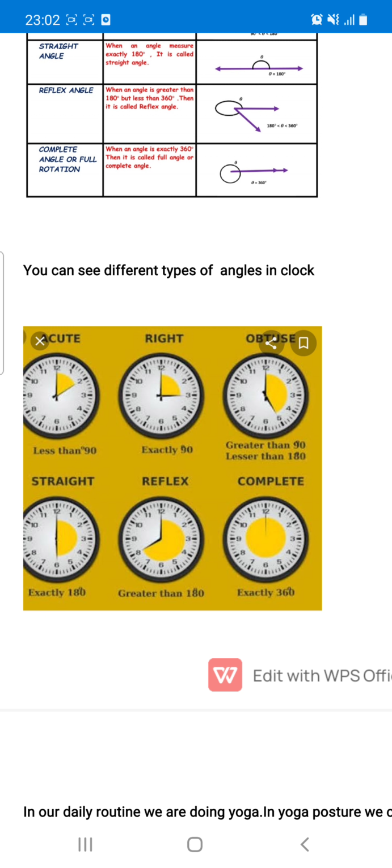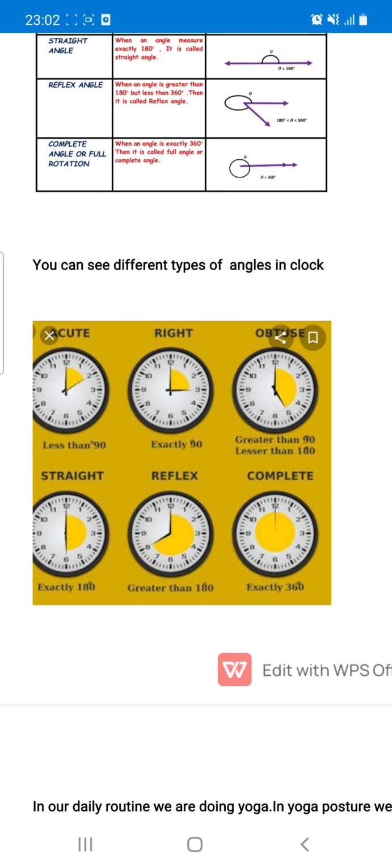Now in the third picture, it is 5 o'clock. 5 o'clock means greater than 90 degrees and less than 180 degrees, so that is an obtuse angle. Now 6 o'clock is exactly 180 degrees, so it is the straight angle. Here in one clock you can see 8 o'clock. 8 o'clock is more than 180 degrees but less than 360 degrees, so it is a reflex angle.